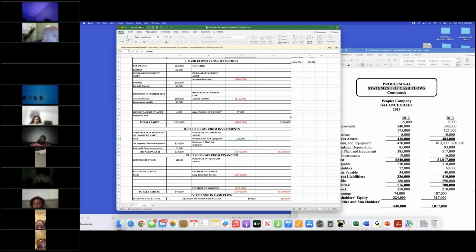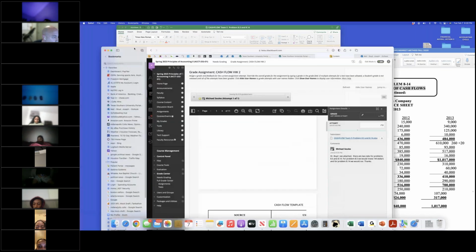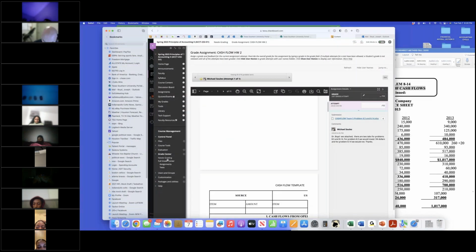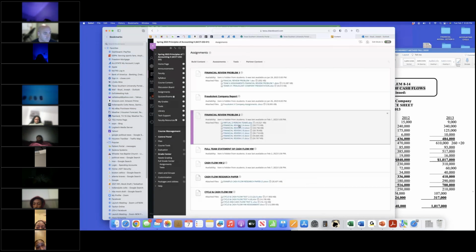Let's turn to assignments quickly. Not quickly. First new thing you see is an example of a cash flow research paper.